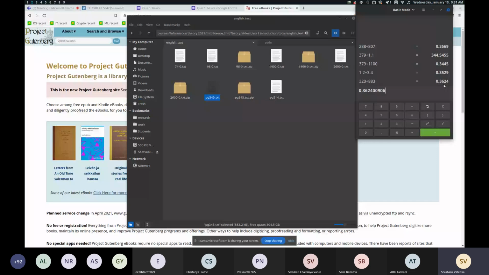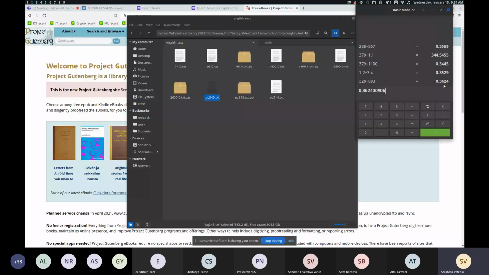So as long as you have a valid English text file consisting of proper English sentences, and as long as the file size is reasonably large, at least roughly a megabyte or so, the ratio of the compressed file size to the original file size is the same. So what this says is that the amount of information content per bit of English text is roughly 0.36.